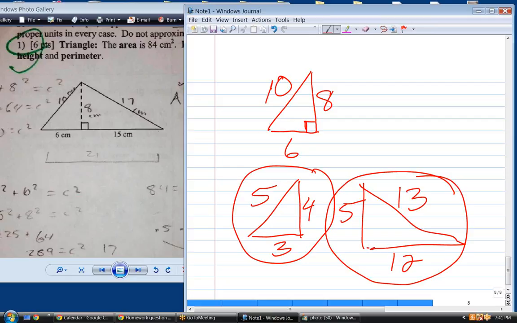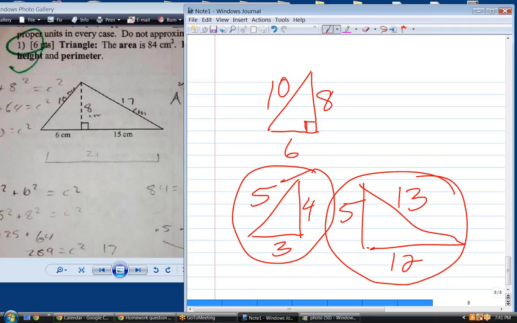And when I say look for this triangle, I mean look for this or multiples of this. Well, a 6, 8, 10 is double a 3, 4, 5. So if we notice that this is twice a 3, 4, 5, this has to be twice 5, or 10, without even doing the math.